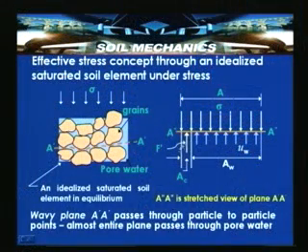We have a force F dash acting on the solid grains at the contact points, and UW acting in the pore water, that is on the inner surfaces of the solid grains.